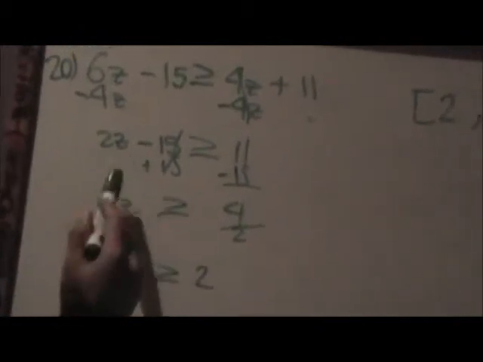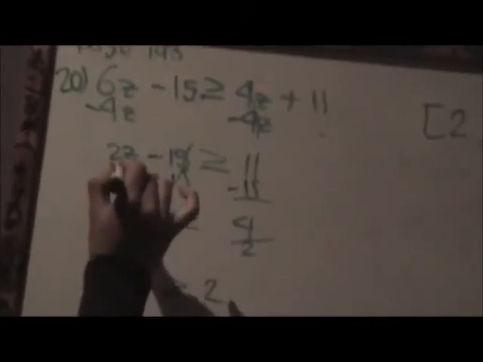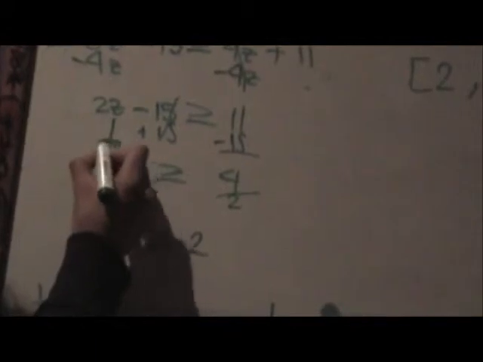So here we are adding. This 2z will leave the same thing. So here we pass it here, and the 4, that is the answer of the 11 and the 15, will be right here. So it is 2z divided by 2.